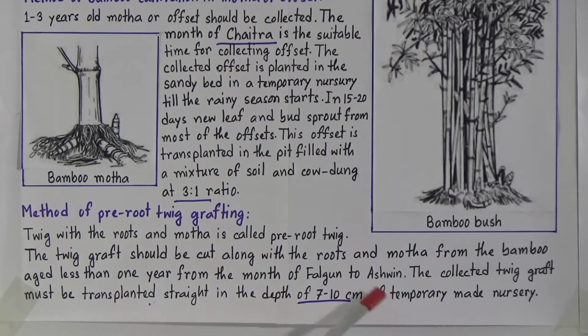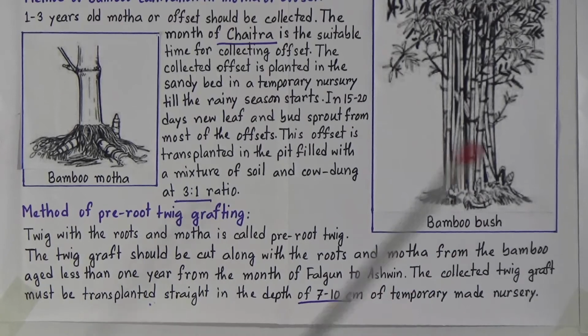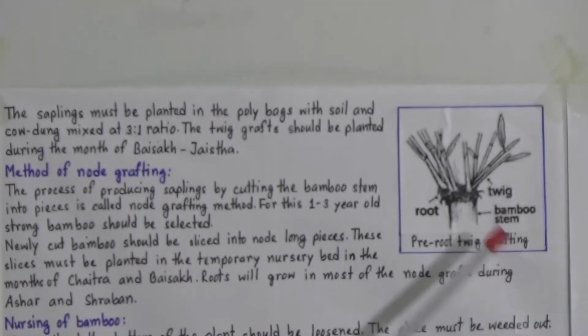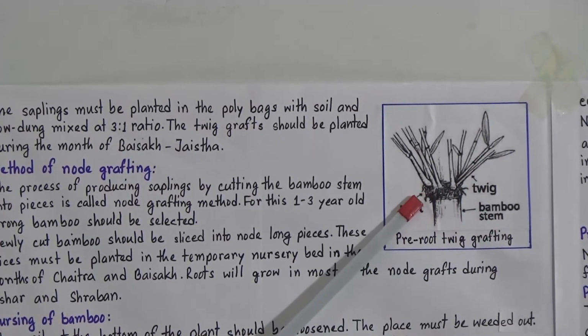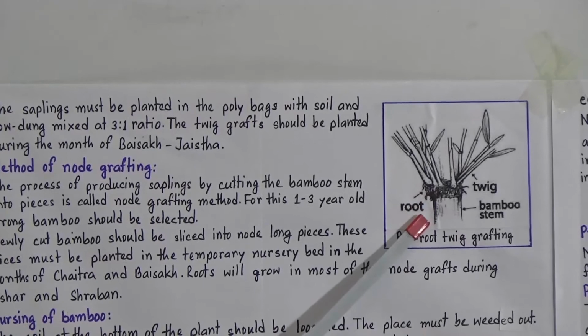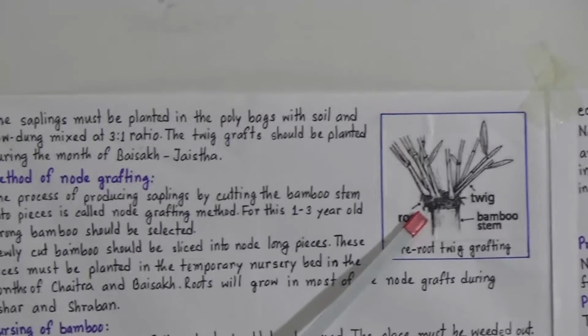So we will collect it and then we will transplant it in the depth of 7 to 10 centimeter of the temporary nursery bed. And now look, there is a picture of the pre-root twig grafting. Now look, this is the twig and this is the bamboo stem and this is the root, or we can get those roots naturally.